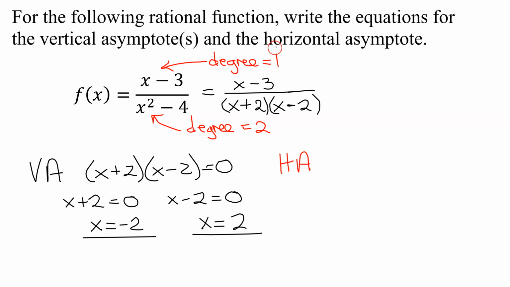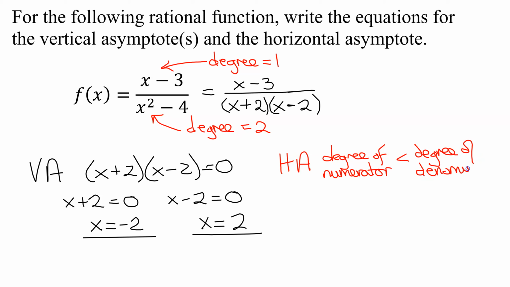So we can see the degree of the numerator is less than the degree of the denominator. This is often called a bottom-heavy equation because the degree of the denominator is greater than the degree of the numerator.